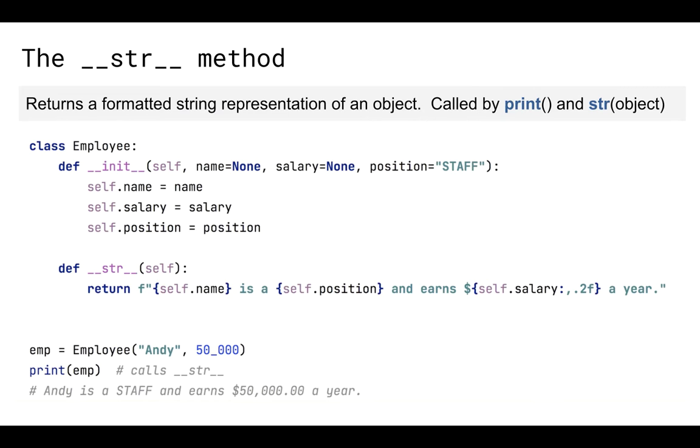So you see what happens if we create an employee object for Andy, who makes $50,000 a year, and we call the print method here and pass emp as a parameter. It will call the __str__ function, and so the result will be Andy is a staff and earns $50,000 a year.